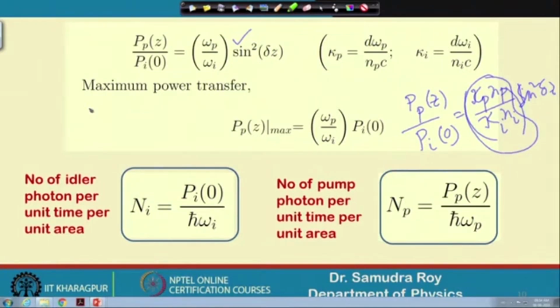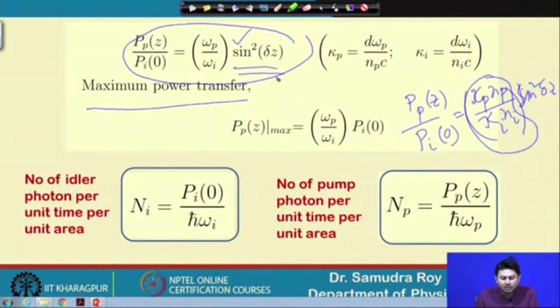So, the next thing is, because this quantity is now varying with sine square, that means the ratio of this quantity is varying sinusoidally. Now, if I consider what is the maximum power transfer, what is the maximum value of this quantity? Readily we can see that the maximum of this value will be when sine square delta z is 1.